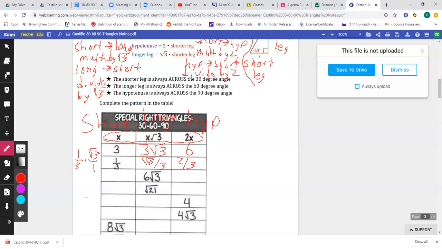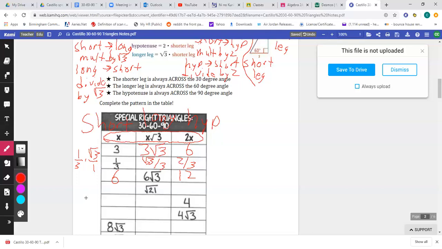Okay, so what should the short leg be? 6. Yeah, easy, right? Because if the long leg is 6√3, the short leg has to be 6, and obviously the hypotenuse has to be 12. Simple.